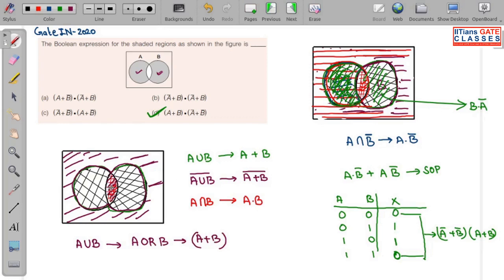This region is A intersection B, or I can write A and B, or A into B. So this is this region.